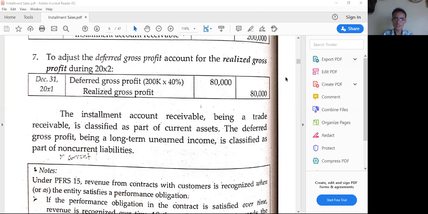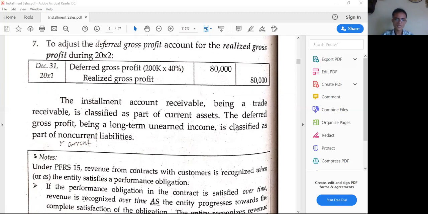Unless again, it is just one of the 3 types of sales in which it's not part of the normal operating cycle, and that's when we are going to make an analysis: is it short term or long term? But if it is part of the normal operating cycle, it is current or short term.